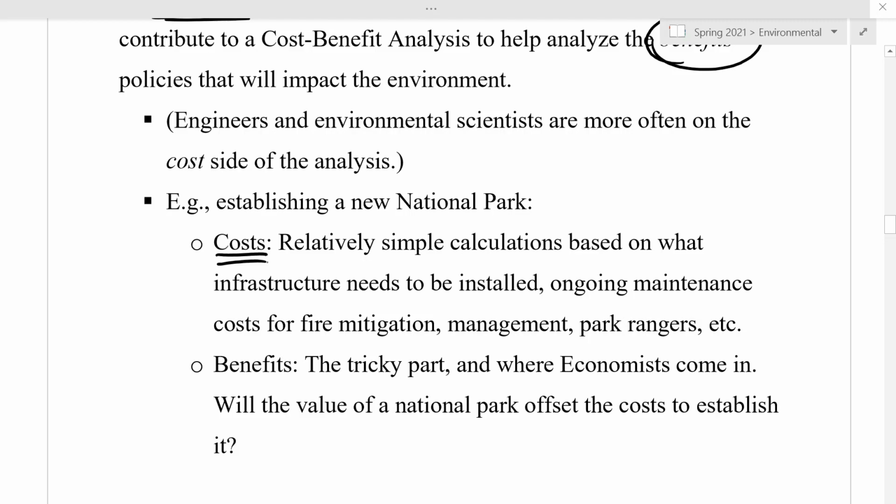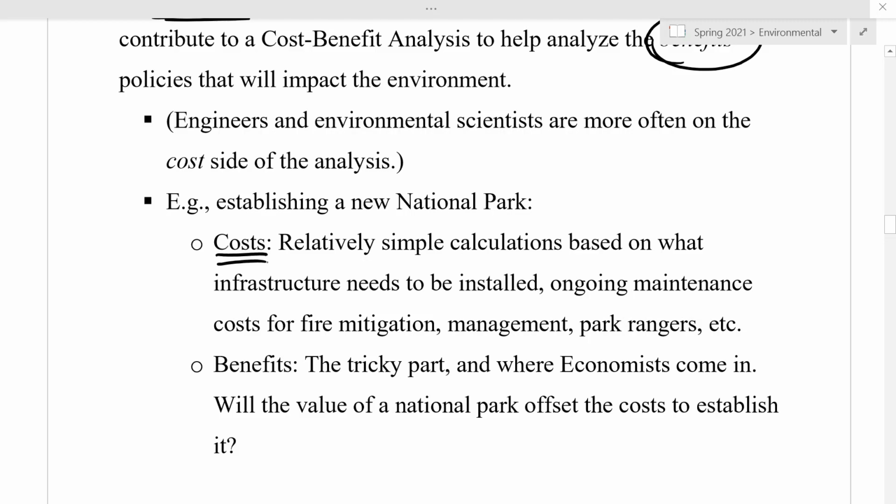You're gonna have an estimate for how much you're gonna be spending on fire mitigation, on park management, park rangers, Forest Service roads, and all of these other things that go into the maintenance of national parks. So analyzing the cost is a relatively easy exercise.